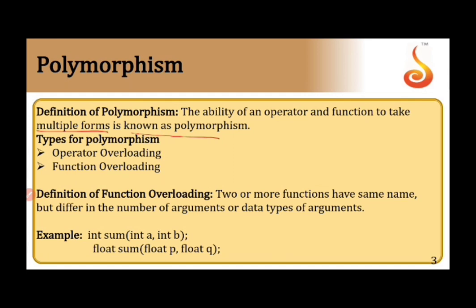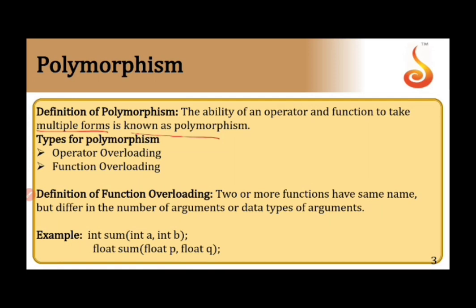If you remember, I had given you a real life example when we did the basic concepts of C++. The real life example was your teacher who can act as a faculty, a guide, a mentor and a DP. The same person in different situations takes up different roles. That is called polymorphism.